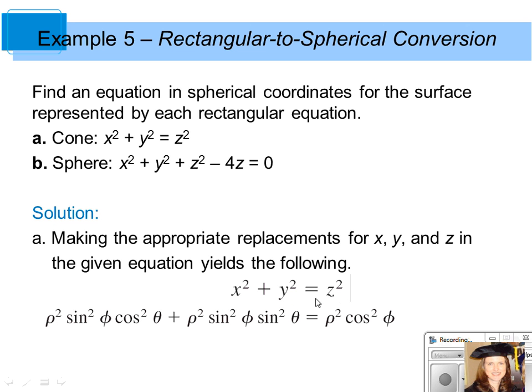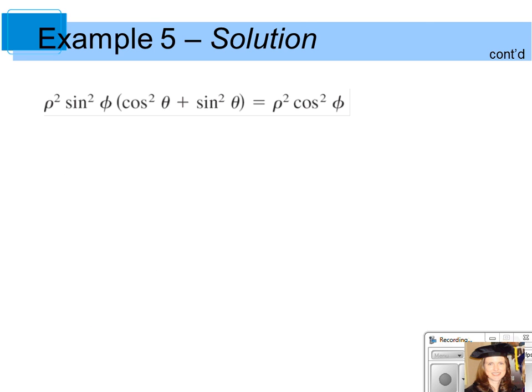And then when you square all of those, you get the following equation, that can then be further simplified if you factor out the common factor from the left side of the equation. You get rho squared sine squared phi equals rho squared cosine squared phi.